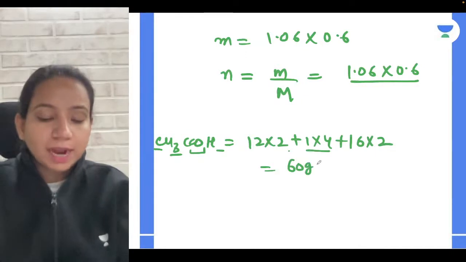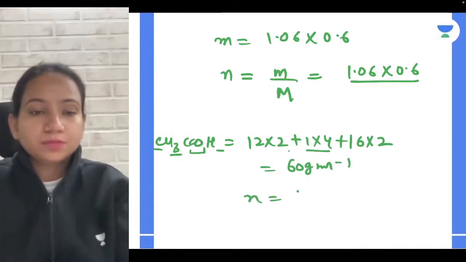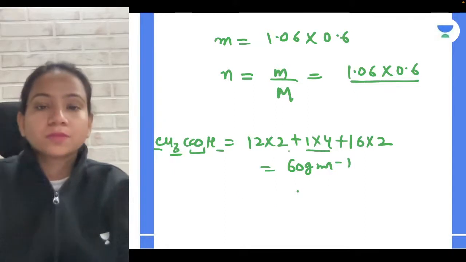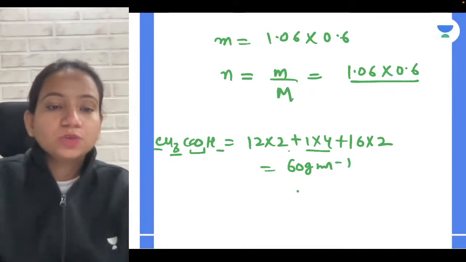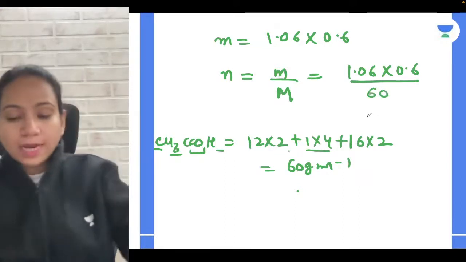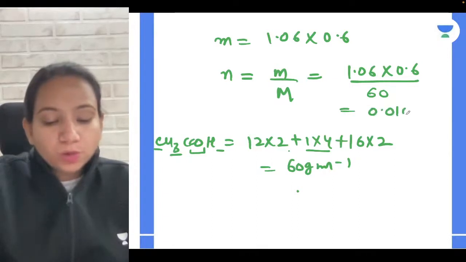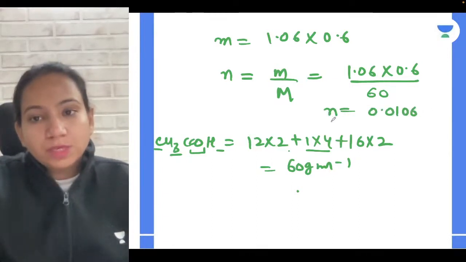You will get 60 gram per mole. Putting 60 as the molar mass, the number of moles will be around 0.0106.